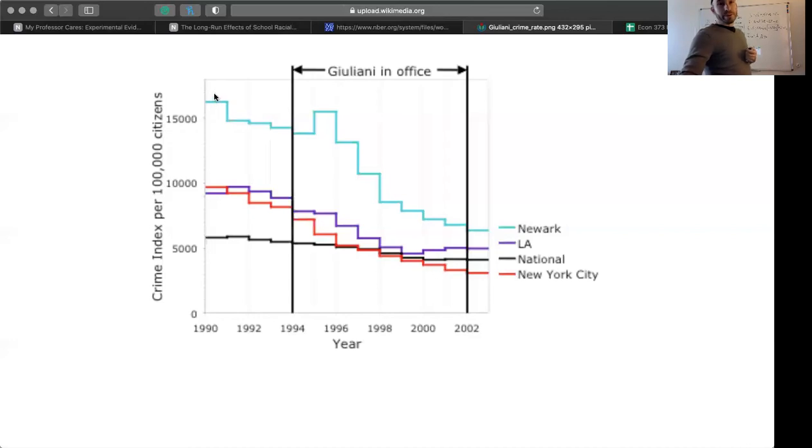Suppose here that Newark has the same sort of trend as New York City, but all of the changes are larger. This appears to be maybe a change of 200 or 300 in the crime rate, this is a decrease of around 500, and this is a decrease of 200.